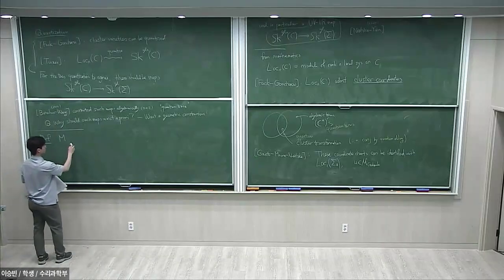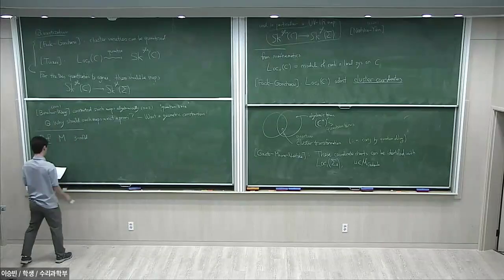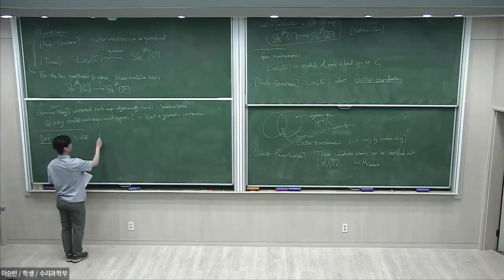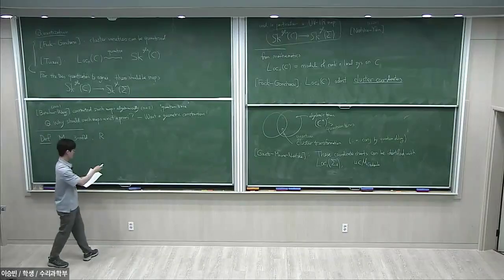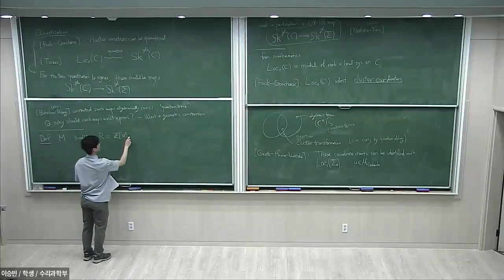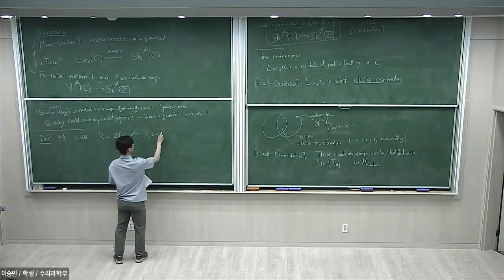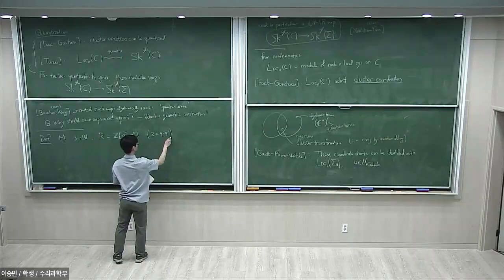So let M be an oriented three-manifold. R is going to be our base ring, which we can take to be Laurent polynomials in two variables, A and z. If you're more familiar with the q variable, z is always q minus q inverse.